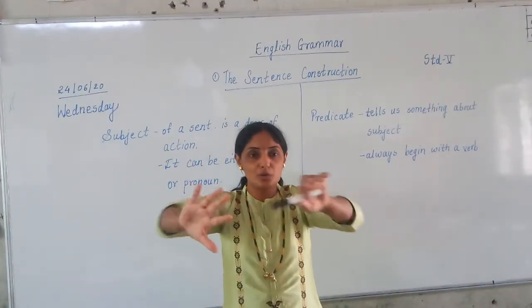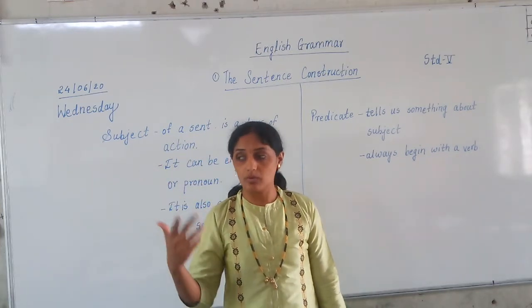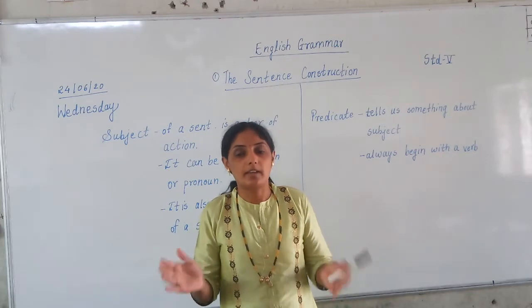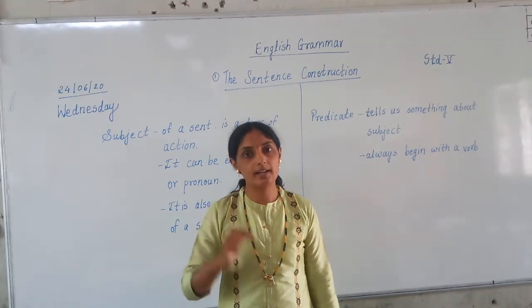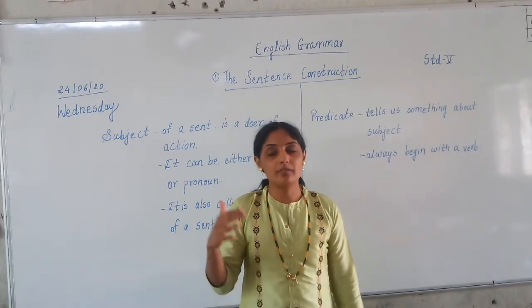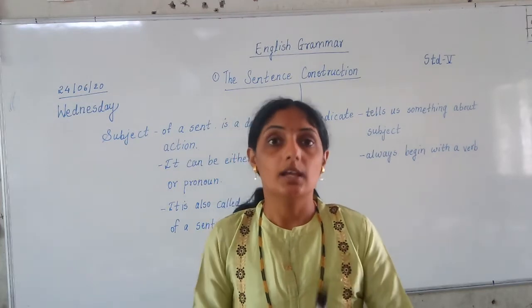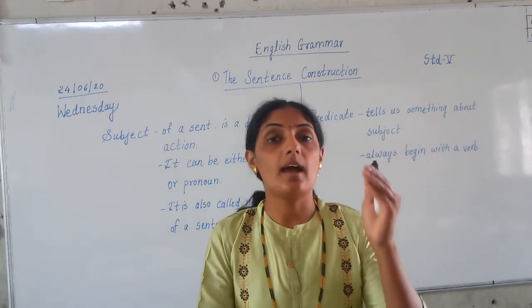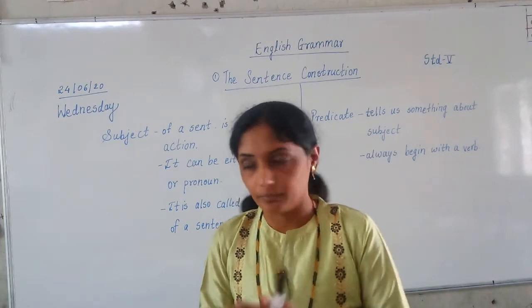You all used to sit in the class and I used to say, come on students, start pronouns, and you immediately started with I, we, you, he, she, it, they. And when we use pronouns and nouns in the sentence, many times they are the subject. Subject means doer of action.